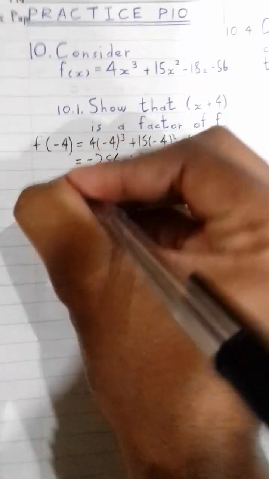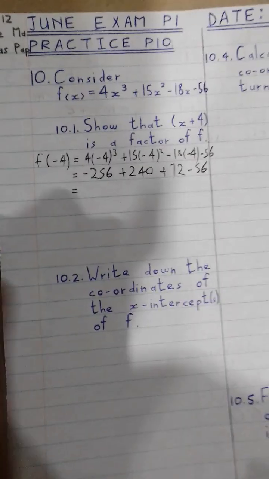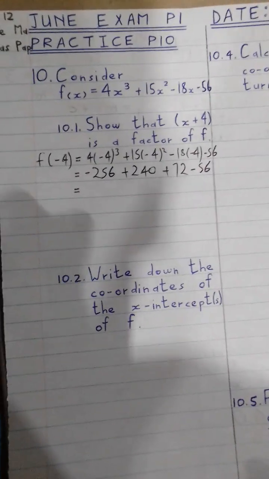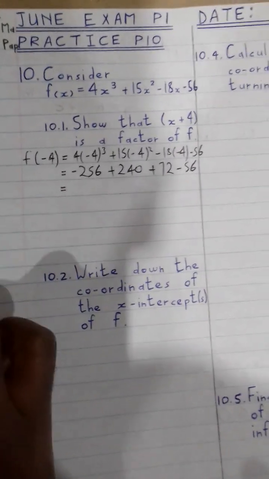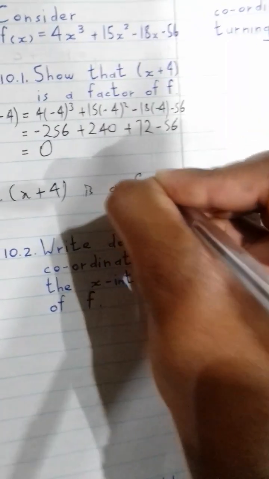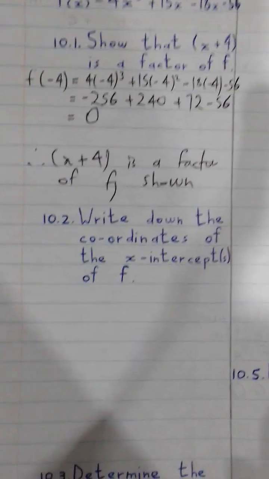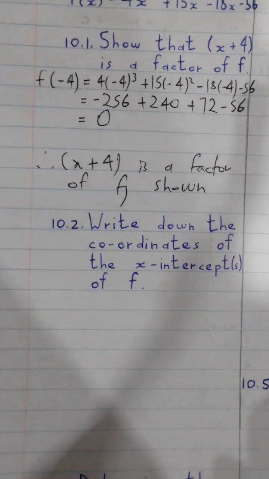Okay, so this is negative 256 plus 240 plus 72 minus 56, which is 0. Right. So therefore, x plus 4 is a factor of f, shown. Okay, hope that is clear, and I hope that makes sense.